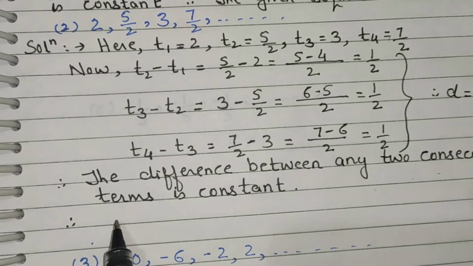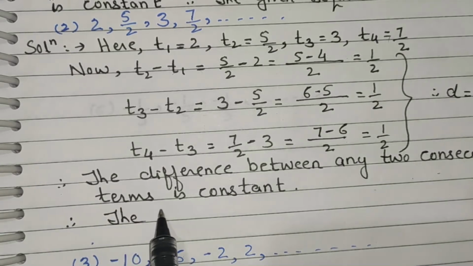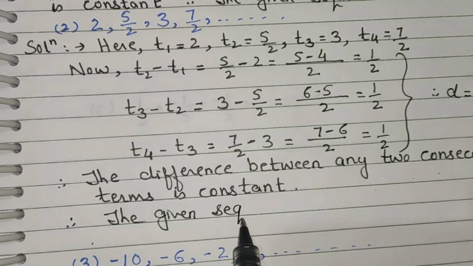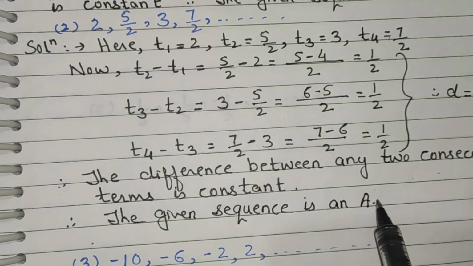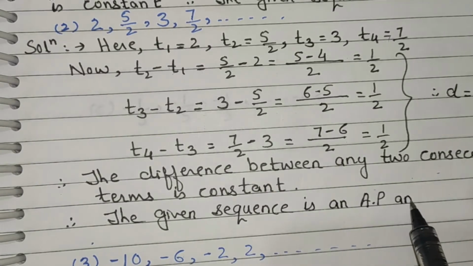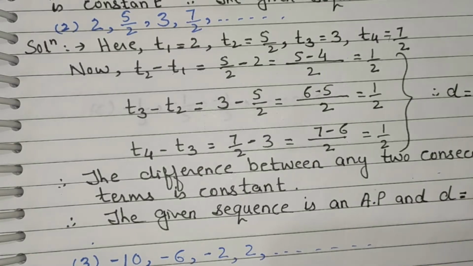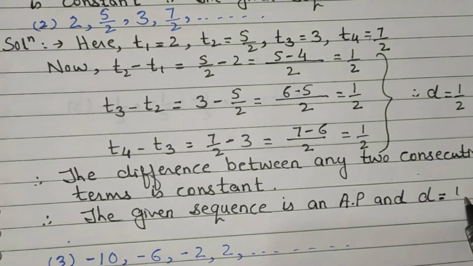Therefore, the given sequence is an AP. And common difference, the value of common difference D is equal to 1/2.